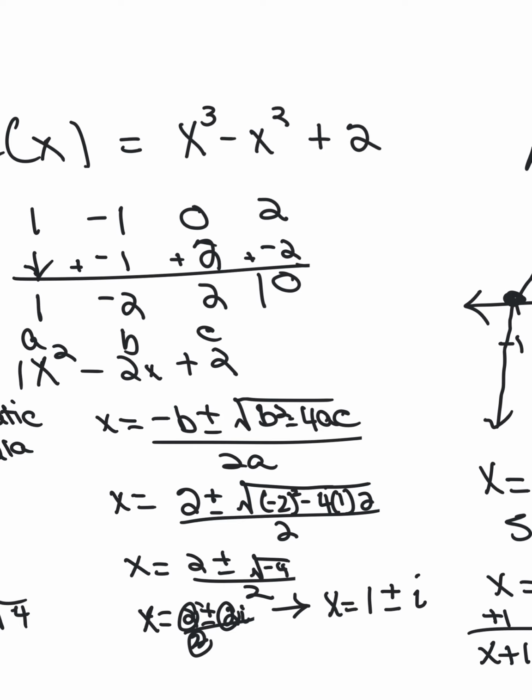If I break that down, x is equal to 1 plus or minus i. That means x is equal to 1 plus i, or x is equal to 1 minus i. When I make it a factor, I'm going to have to solve this.